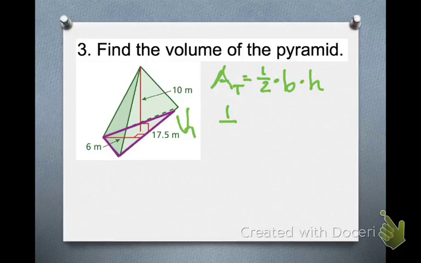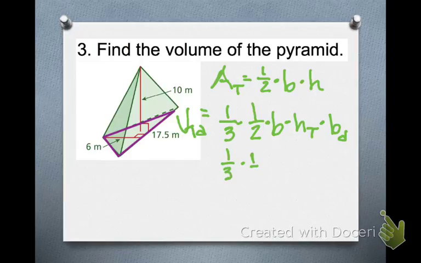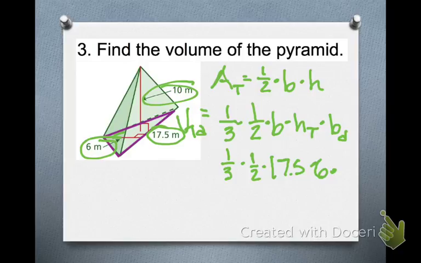So the volume of a triangular pyramid is going to be 1/3 times 1/2 times the base of the triangle times the height of the little triangle times the height of the pyramid. Okay, so I'm going to put in my numbers now. I've got 1/3 times 1/2 times my base, this lovely 17.5, times my height, which is this lovely 6 over here, times my other height, which is 10 right here.